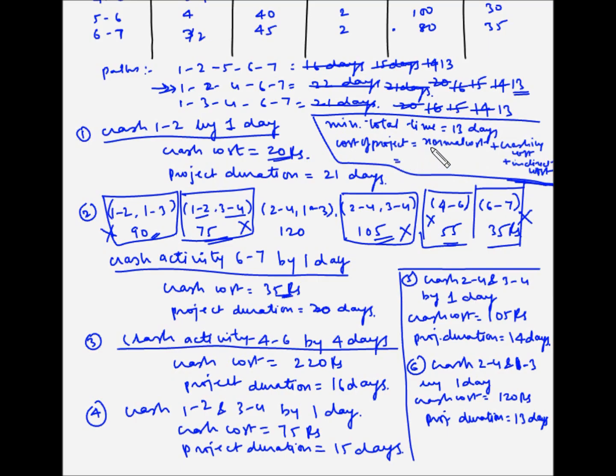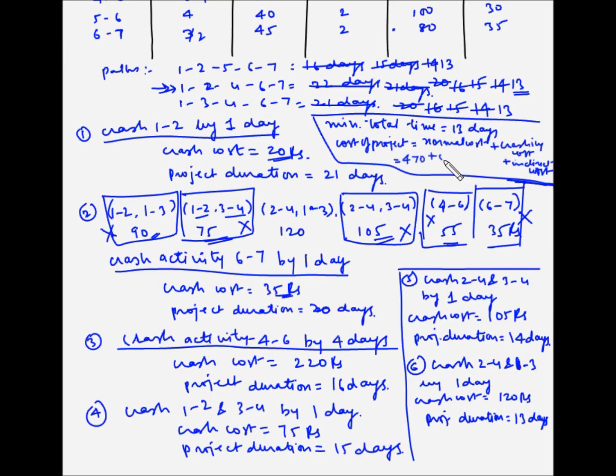So let's find this out. So the normal cost is 470, which was given to us earlier, plus the crashing cost. So 20 plus 35 is 55, plus 220 is 275, plus 75 is 350, plus 105 is 455, plus 120 is 575.